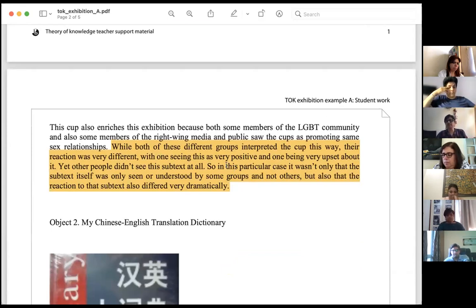While both of these different groups interpreted the cup this way, their reaction was very different, with one seeing this as very positive and one being very upset about it, yet other people didn't see the subtext at all. So in this particular case, it wasn't only that the subtext itself was only seen or understood by some groups and not others, but also that the reactions to that subtext also differed very dramatically.